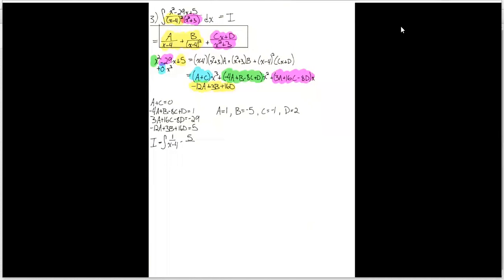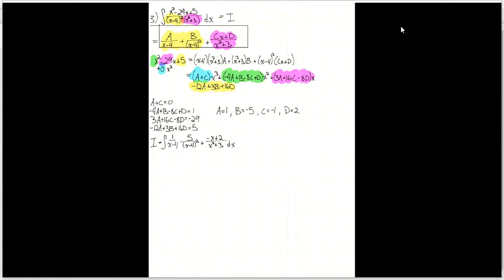Writing this out, all we have to do is plug in our A, B, C, and D into that squared portion, and then making sure that we have our integral.